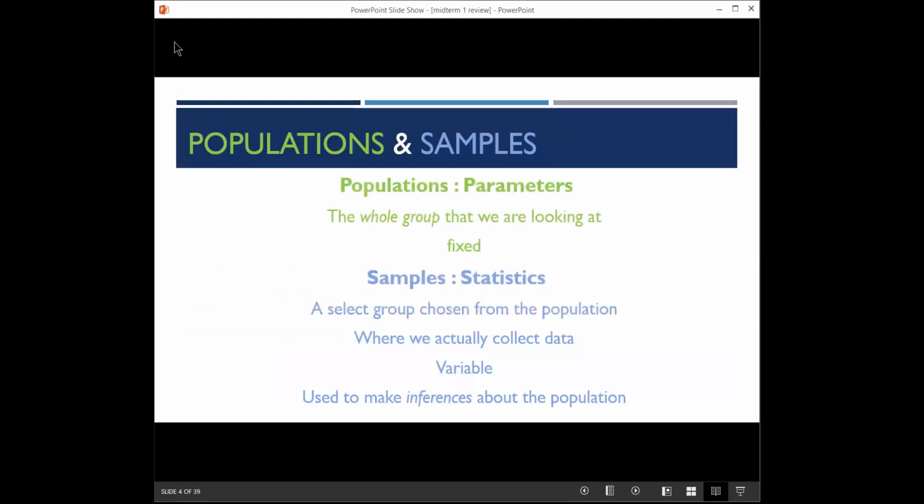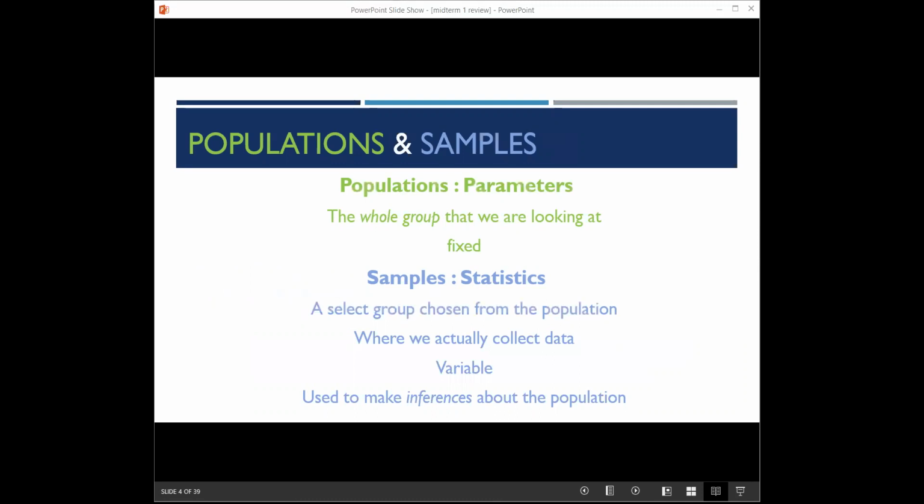All right, hello everybody. So we're gonna start with just the basics here. Statistics is basically all about gathering information, and you gather that information about your population through samples. We measure populations through something we call parameters, and samples are measured through what we call statistics.